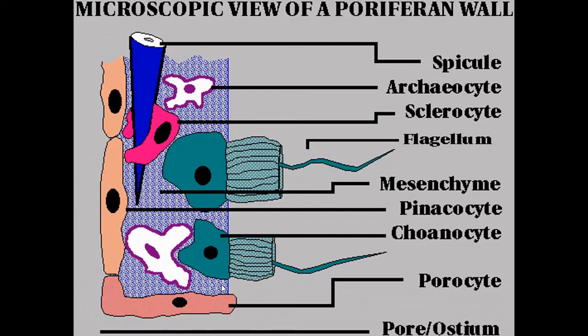When we say porocyte, it creates a pore or the opening for the water to enter. So dito mag-e-enter ang water. Then we have here the spicule. Okay, the spicule will serve as the support organ of the sponge that will resist pressure. So it keeps the sponge in shape with the help of the spicules.